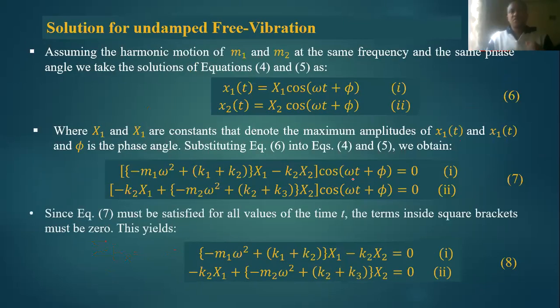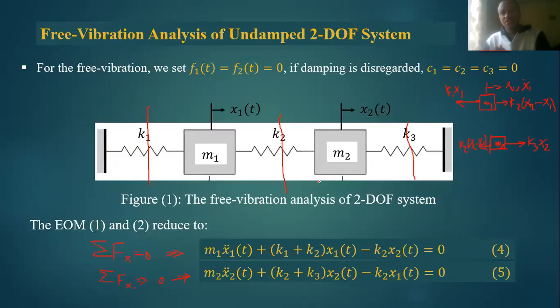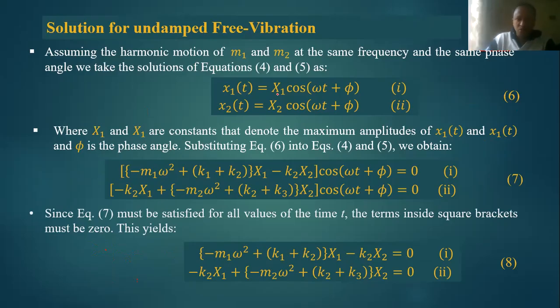For the solution, we just consider a harmonic solution, because this is free vibration, and in free vibration the harmonic solution can satisfy the form of the equation. Considering simple harmonic motion for the two masses, for mass 1, x1 of t equals X1 cos(omega t plus phi), where X1 is the maximum amplitude of mass 1 and phi is the phase angle.